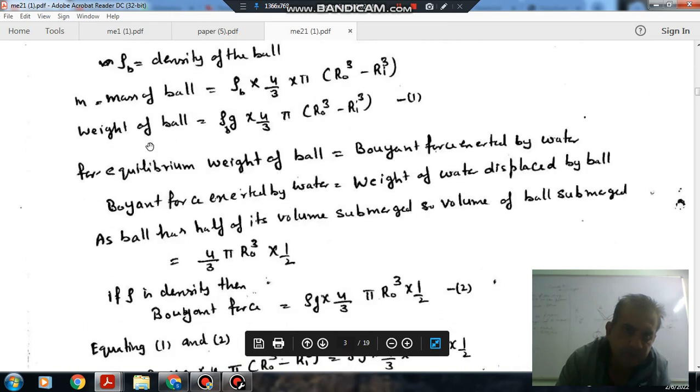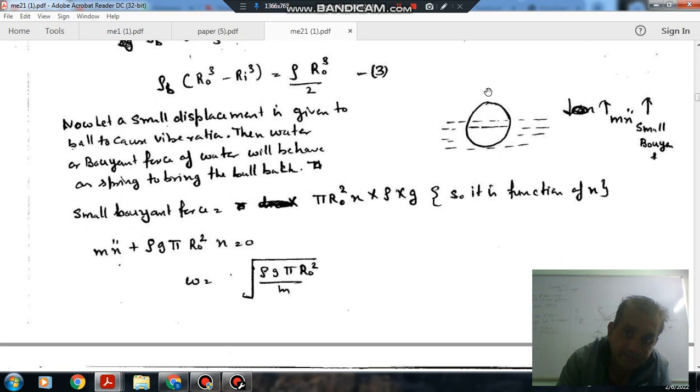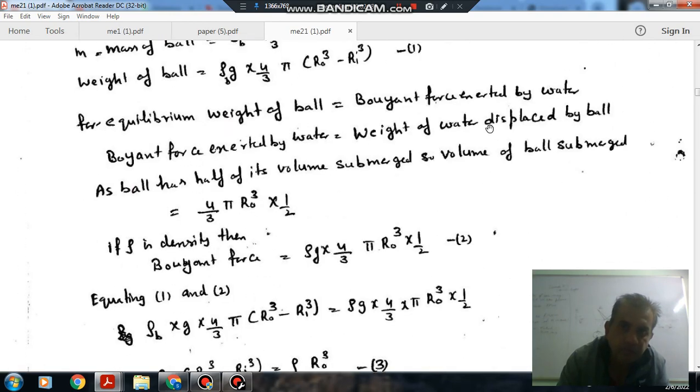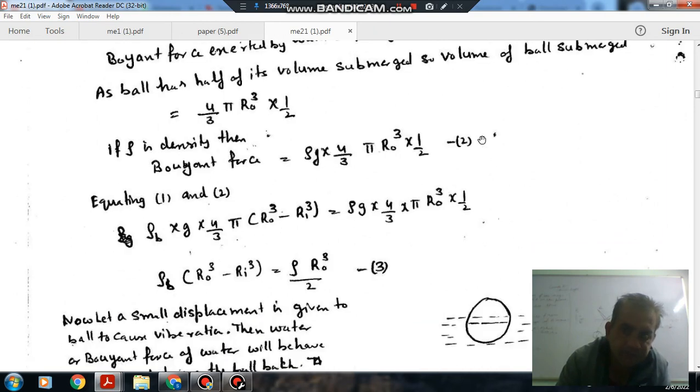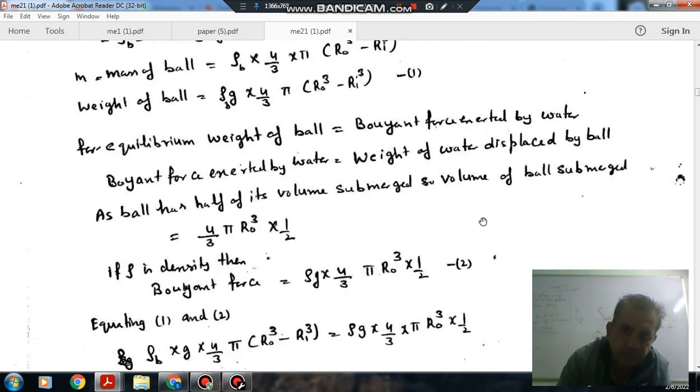So this is the weight of the ball, which is the buoyant force exerted by the water. The weight is exerted by the ball and the buoyant force is exerted by the water. The buoyant force is the volume of water displaced times the density of water, or we can say it is the weight of water displaced.